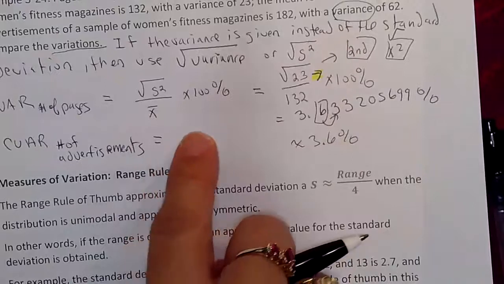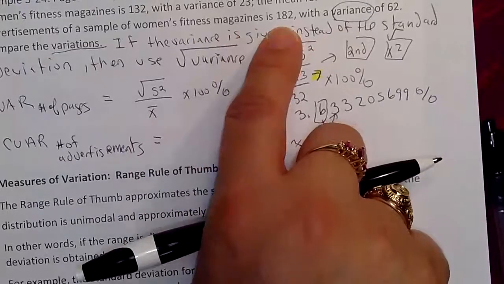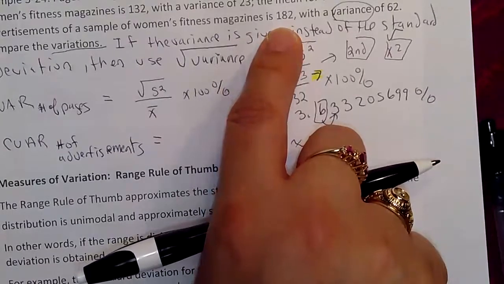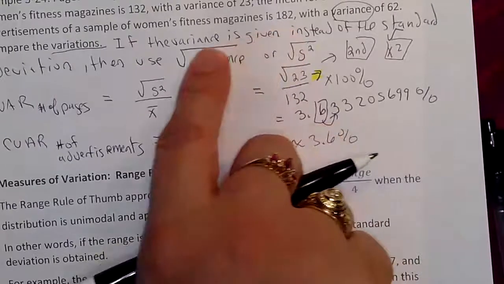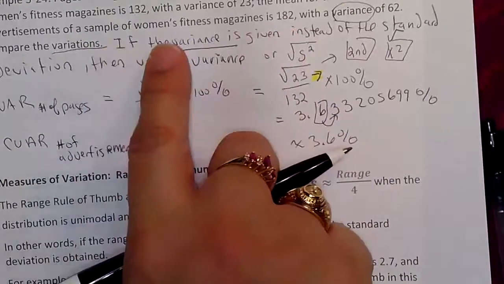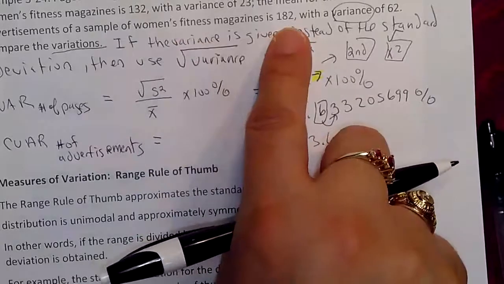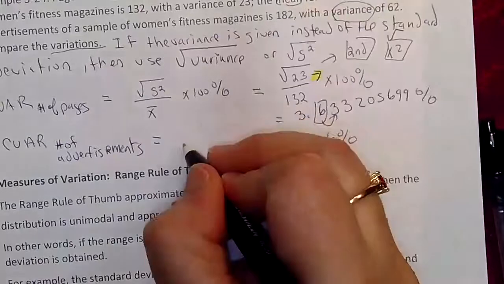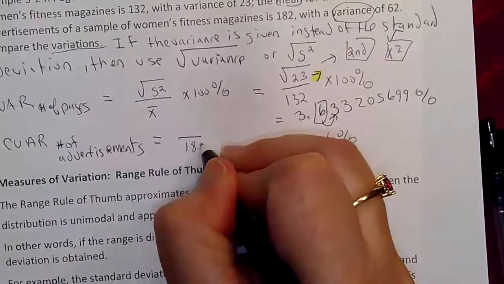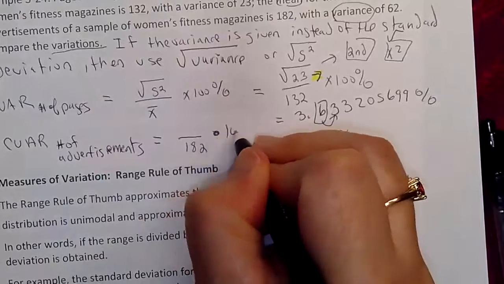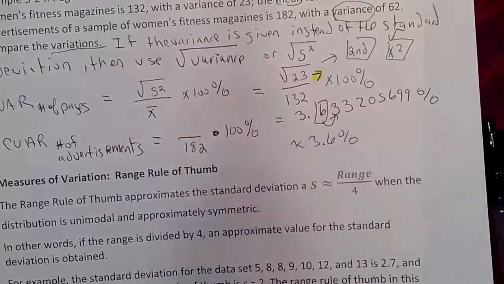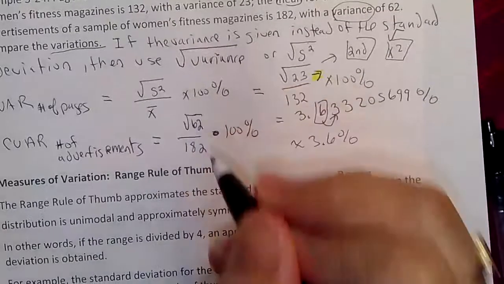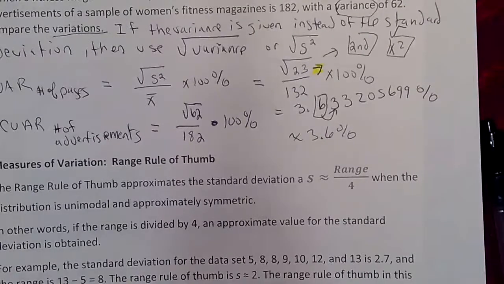So let's see. Sample Women's Fitness Magazines is 182. And that's the mean. That goes on the bottom. And it was a variance of 62. So we do square root of 62. Okay, so we should be able to type that in.